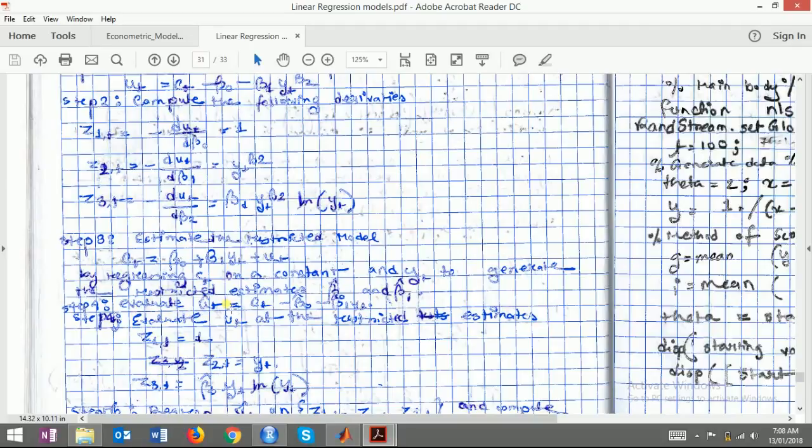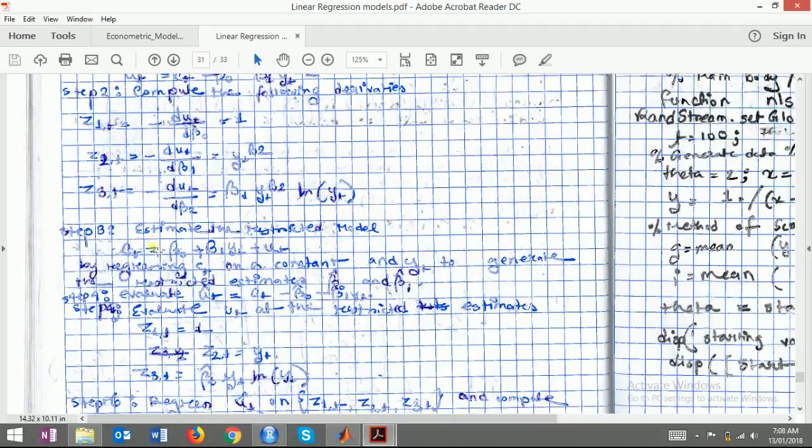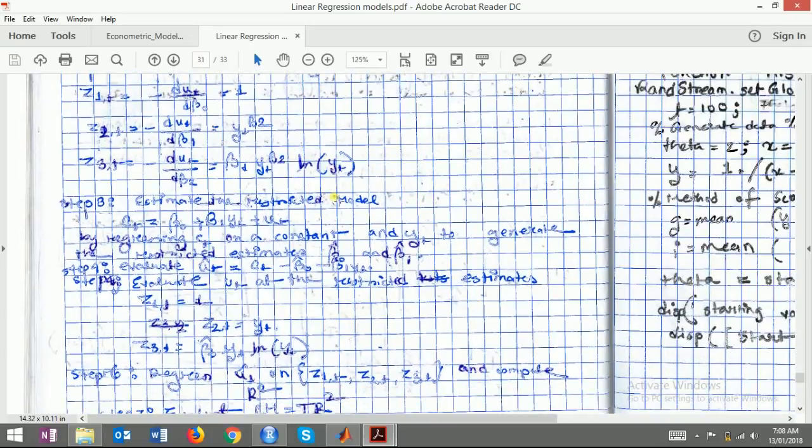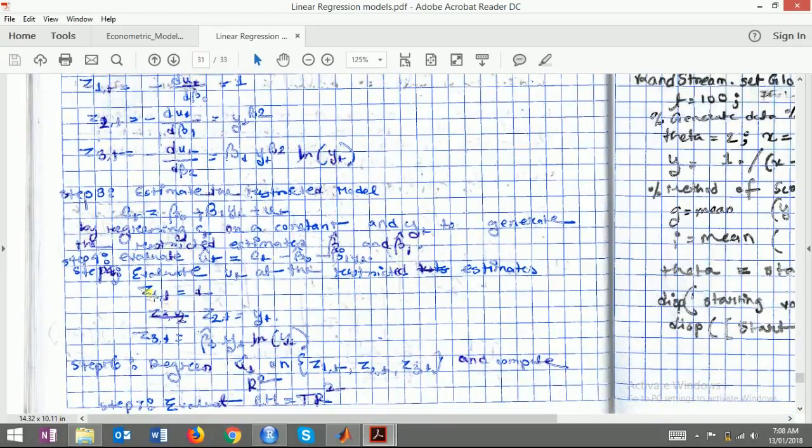So we are regressing C_T on a constant and Y_T so that we can get the beta naught and beta 1 parameters, which are then used to evaluate U_T. Evaluate U_T at the restricted estimates, where Z1T is 1, Z2T is Y_T, and Z3T is beta 1 Y_T log of Y_T.